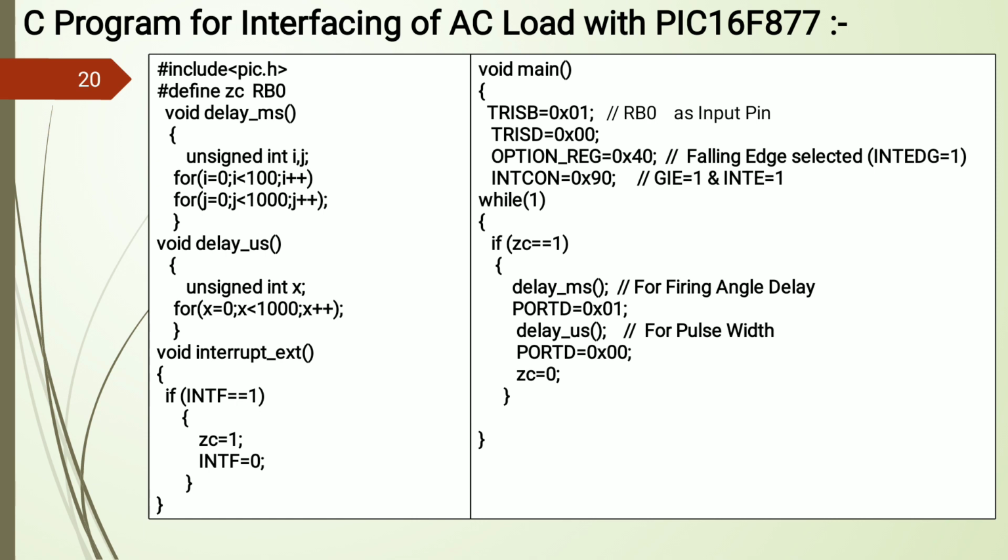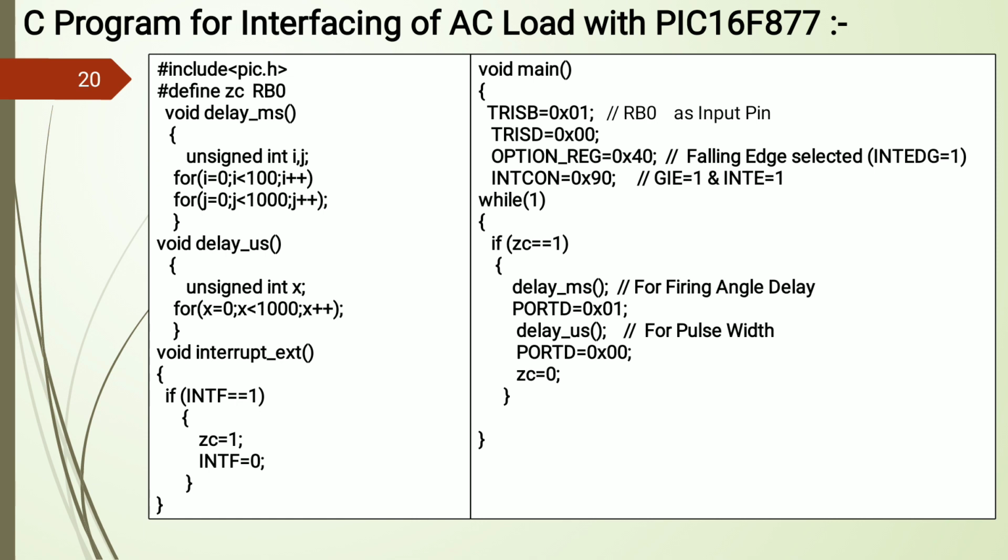So delay in ms, you can use any names, like FA, firing angle delay, FD, like that. After that particular firing angle delay, we should activate the optocoupler transmitter, that is the IR transmitter. So PORTD is equal to 0x01, if we are connecting the IR transmitter pin to the RD0 pin.